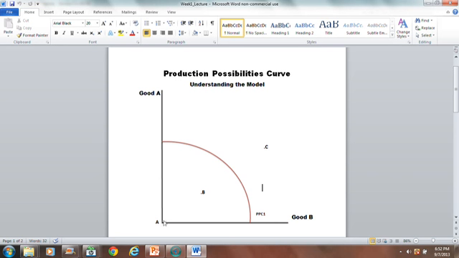Now at the origin, we have point A. There, to devote activities to combination A, you use all the resources, but point A corresponds to getting no output. So you have no output for having used all the resources. At point A, it would represent a point of complete inefficiency, total waste.